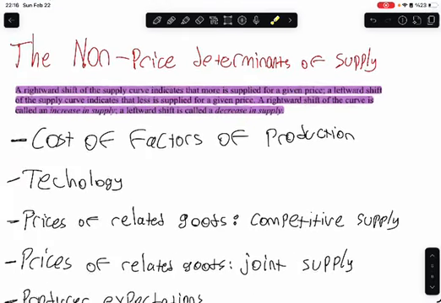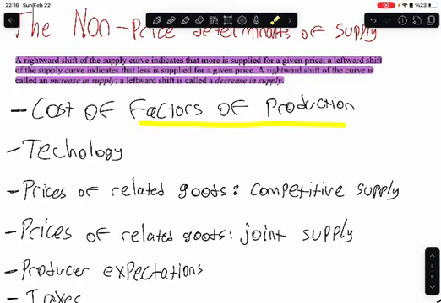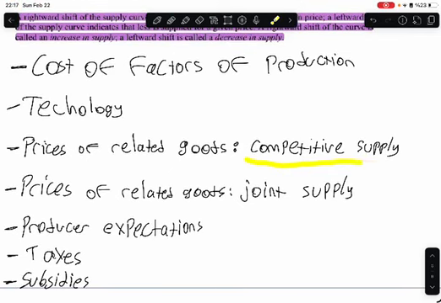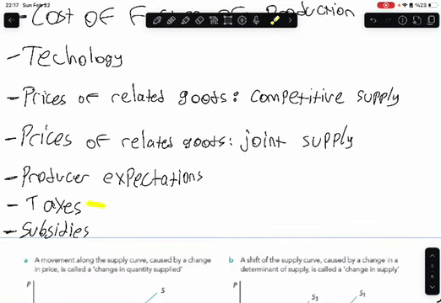Some non-price determinants of supply are the cost of factors of production, like the resources a firm uses to produce its good; technology, which might be advanced and might create a new way to produce; the prices of competitive related firms, or the prices of related goods in joint supply; producer expectations, what they expect and foresee in the future; some taxes, which affect supply indirectly; and subsidies.